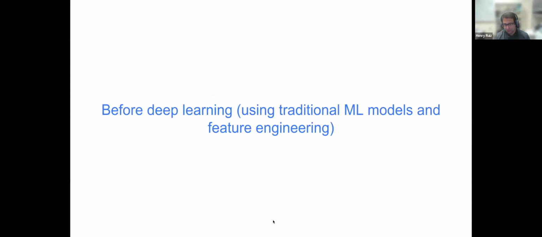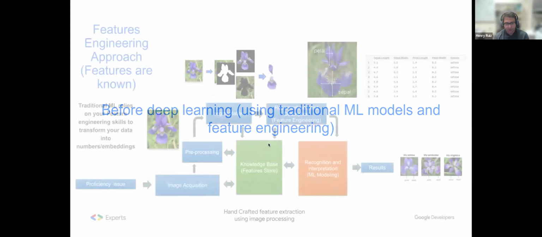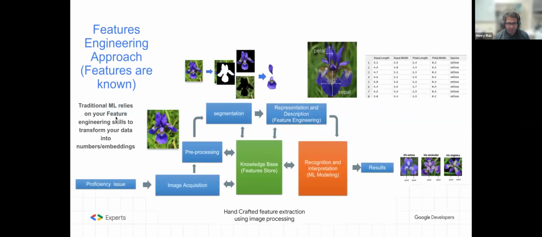Before deep learning, we used to use traditional machine learning models based on feature engineering. Those algorithms relied on your feature engineering skills to transform your data into numbers or embeddings.